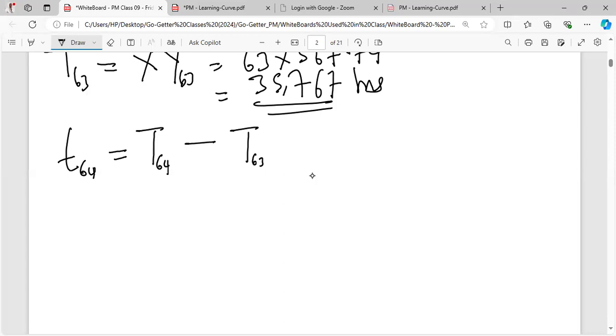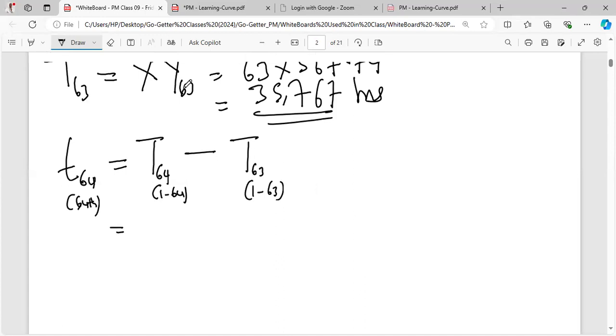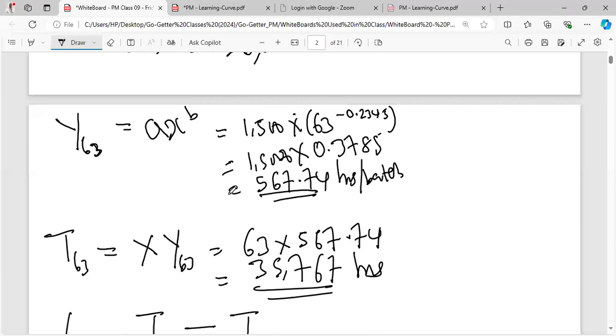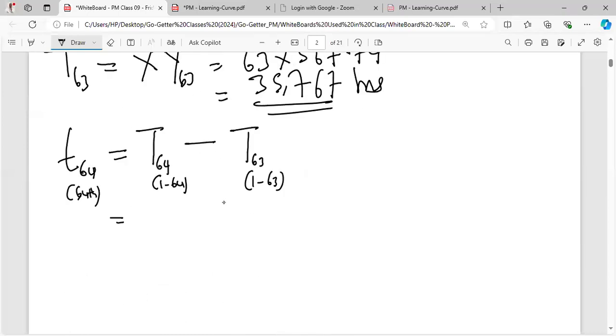Now, take note that here is 1 to 64. And take note that here is 1 to 63. And this is just the 64th. So what do we have? 1 to 64 gives us 36,201 minus 35,767.